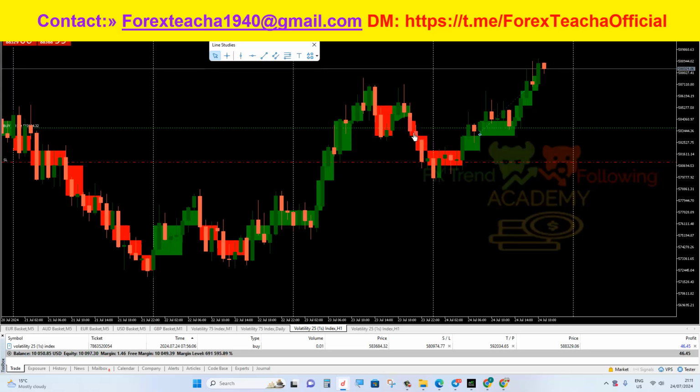If it's a sell, we put it above the green box. So in this case, we're going to wait for it to retrace. Once it comes back here, we put our sell, and then we put our stop above right here. The other reason to exit the trade, if you have the trading system, is if you see an opposite color forming. You know the signal has changed direction, so it's time to exit.